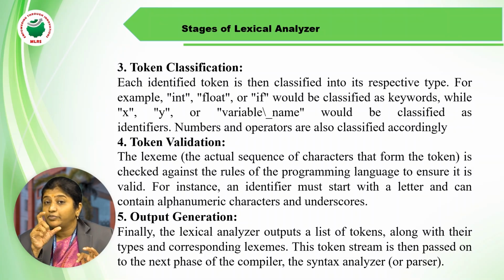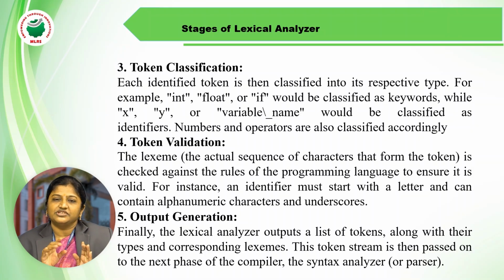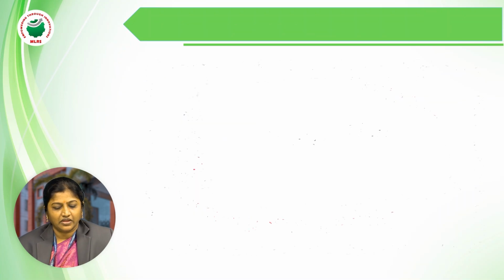Till a correct token is identified, it keeps sending messages. If this is repeated, the parser will form a parse tree or a syntax tree. So this is the output of this lexical analyzer.